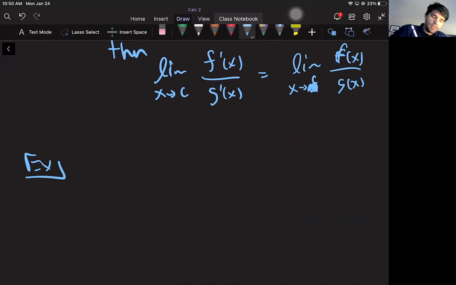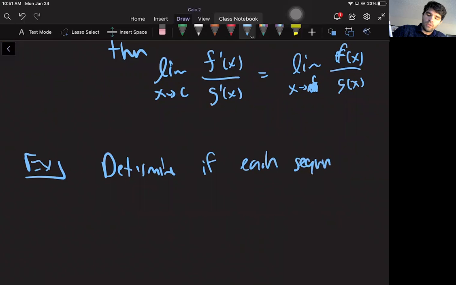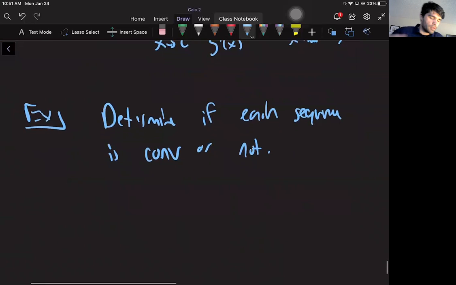Okay, so let's determine if each sequence is convergent or not. All right, so 5 minus 3 over n squared.